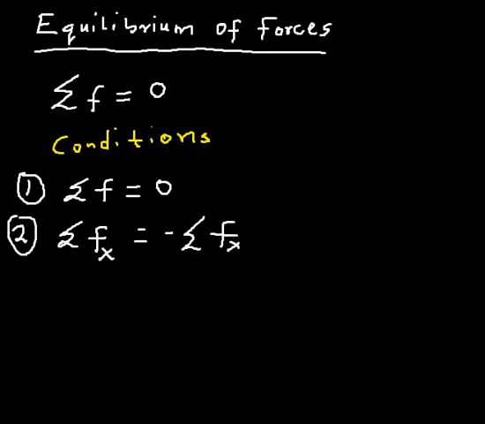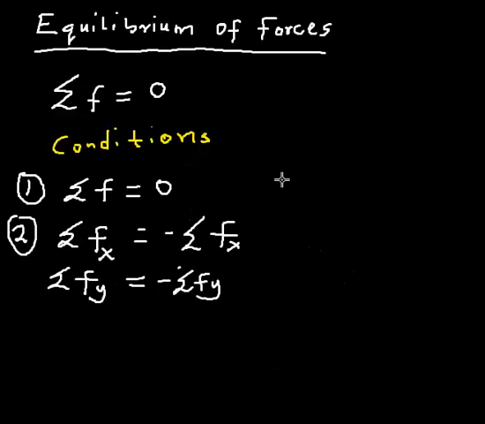The same thing happens with y: the algebraic sum of the forces acting upward should be equal to the algebraic sum of the forces acting downward. This is another condition. So the algebraic sum of the forces acting in one direction should be equal to the algebraic sum of the forces acting in the opposite direction.